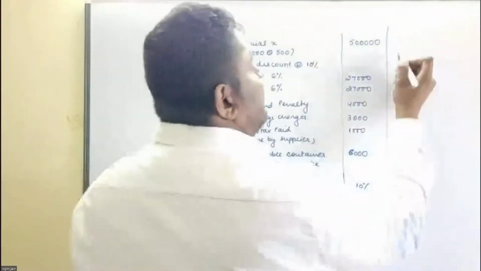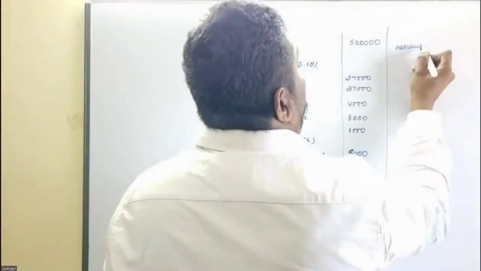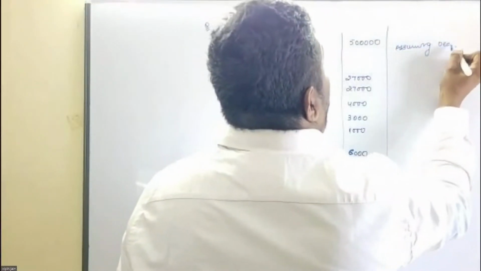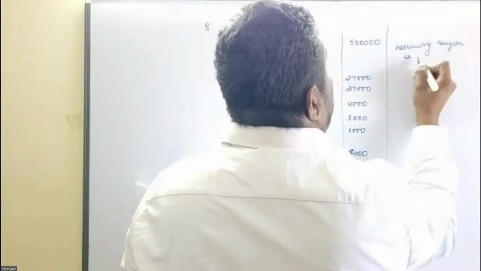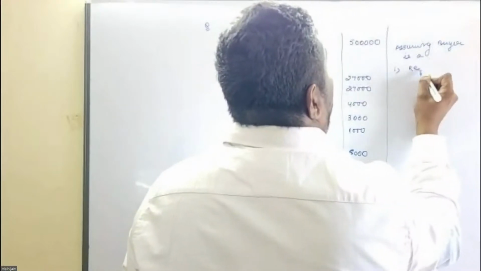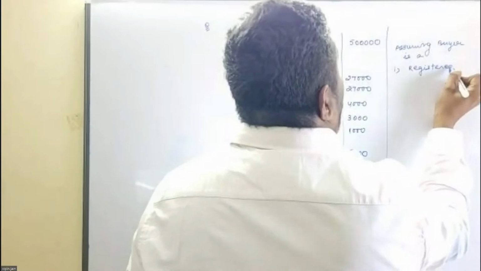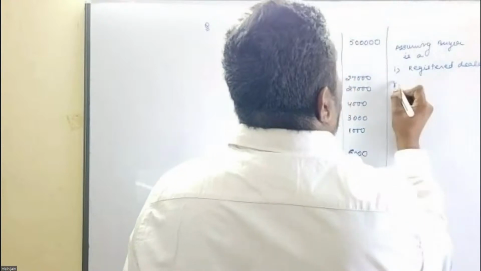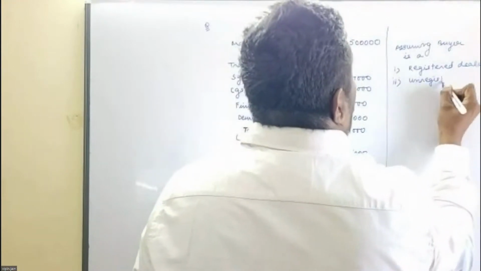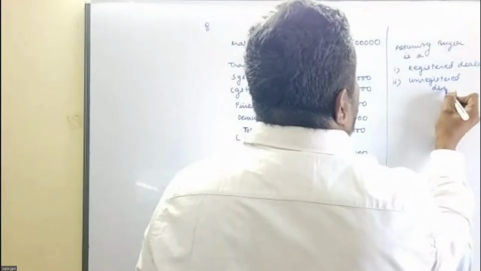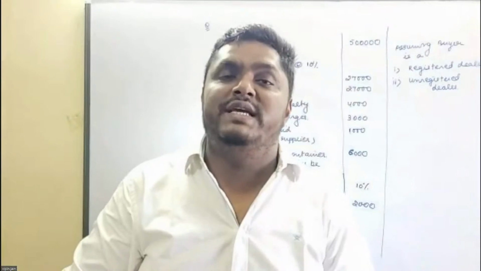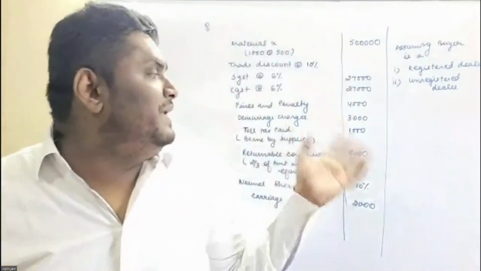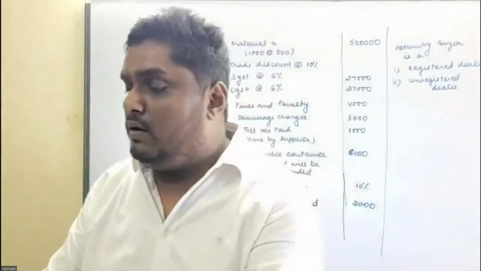Assuming the buyer is a registered dealer and an unregistered dealer. When talking about registered dealer and unregistered dealer, I'm talking about GST. So I request you to please solve this question. I'm waiting for your answers.